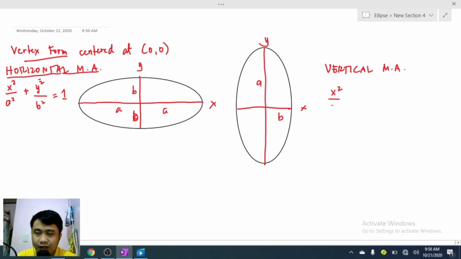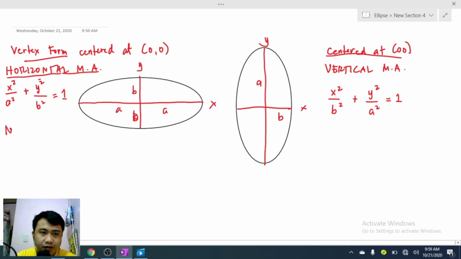So, we have, ang itatapat natin dyan, yung B, hindi na yung A. Plus, y squared, since vertical yung ating major axis, yung A natin nandoon din. So, ibig sabihin, itatapat natin kay y squared is equal to 1. So, this is centered at 0, 0. Yan. Ano kapag not at the origin? Centered not at the origin.